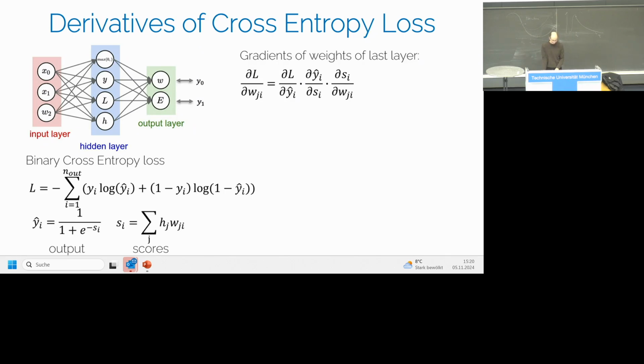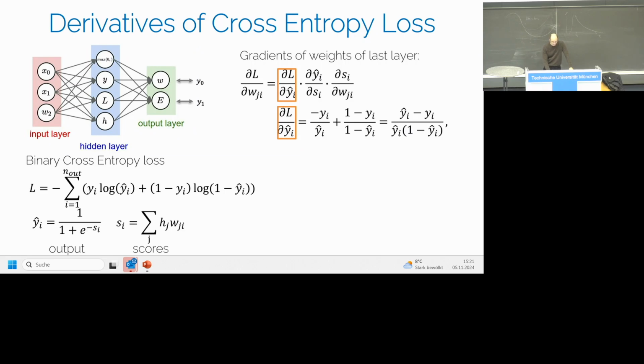So here we do the chain rule to determine the derivative with respect to the weights. Here's the chain rule. And then for each expression, we have to compute the derivative. Here, for example, this is the derivative of this expression.